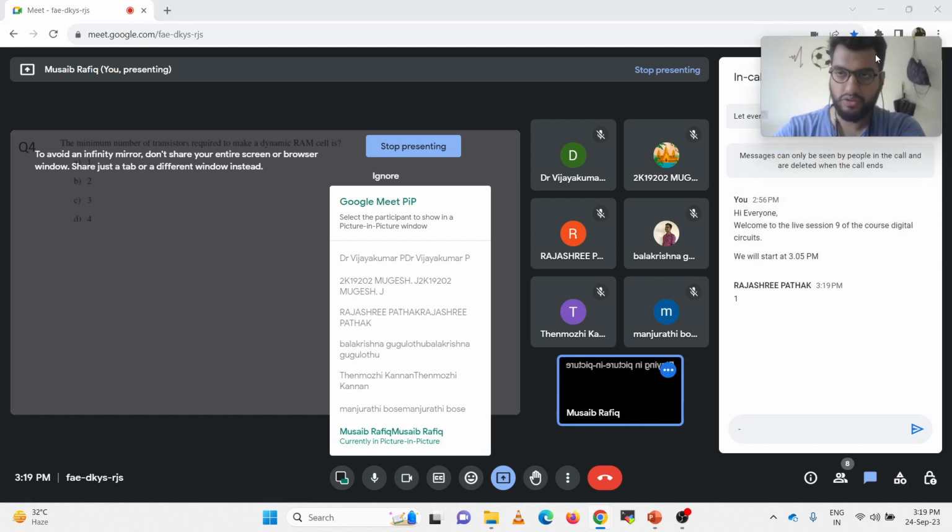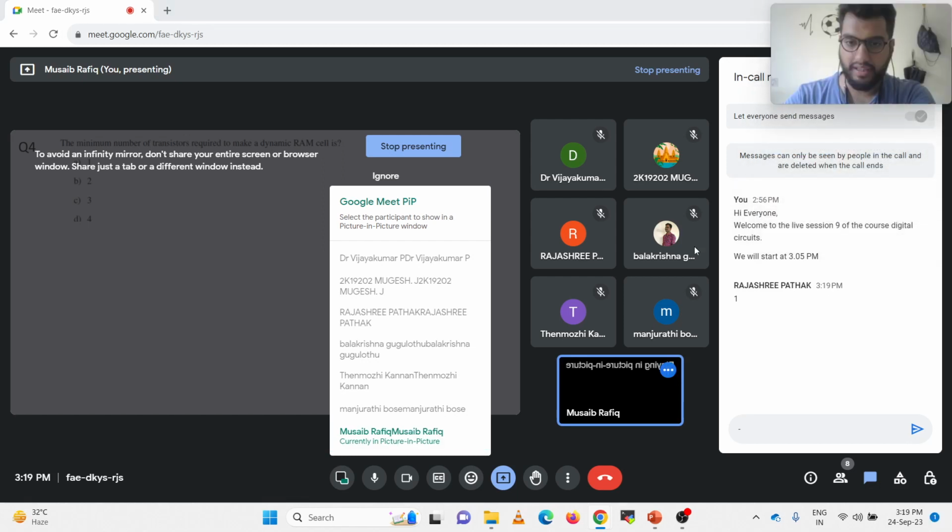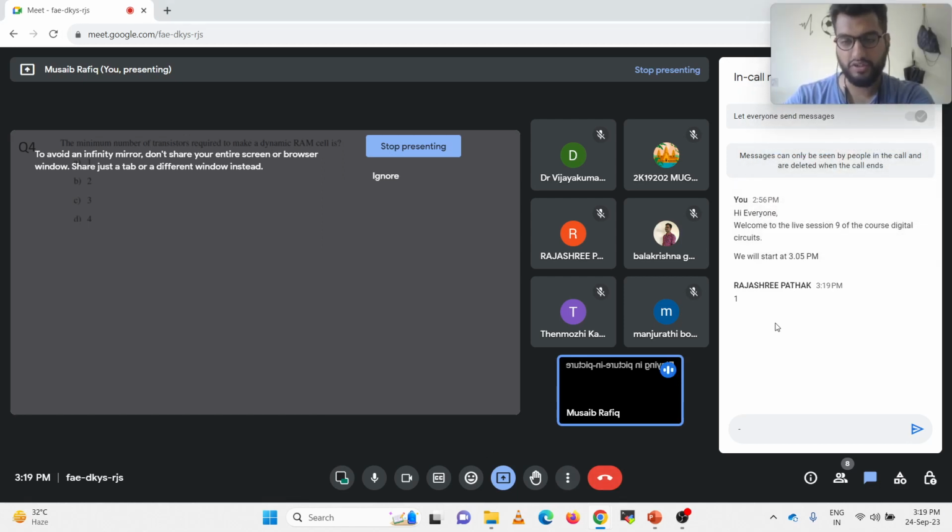So you are right, minimum one transistor is required. Other than that, do you know any other configuration? How many transistors are required in that configuration? One is correct. Other than that, do you know any other configuration?